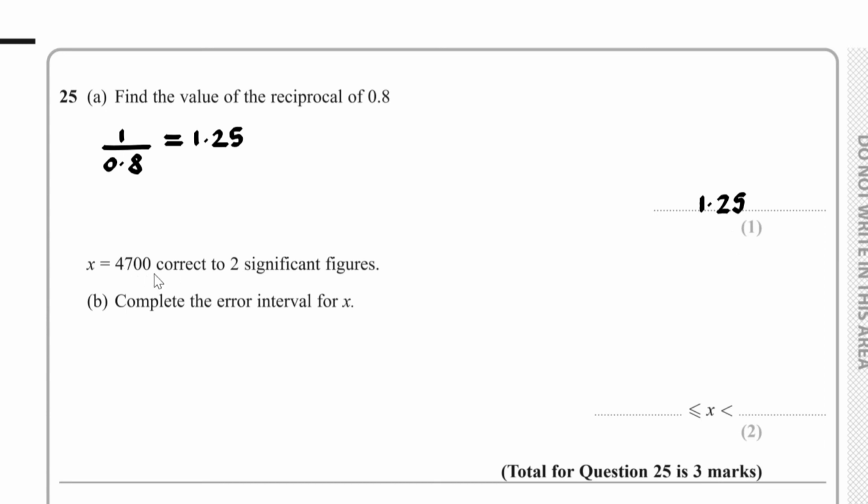Then x equals 4,700 to two significant figures, and we have to write down the error interval for x. Well, the error interval, we have 4,650 being less than or equal to x being less than 4,750.